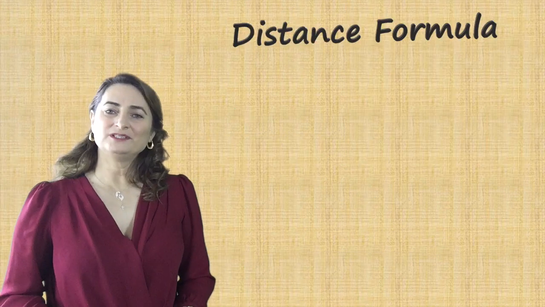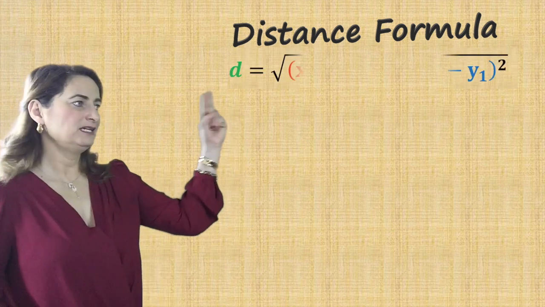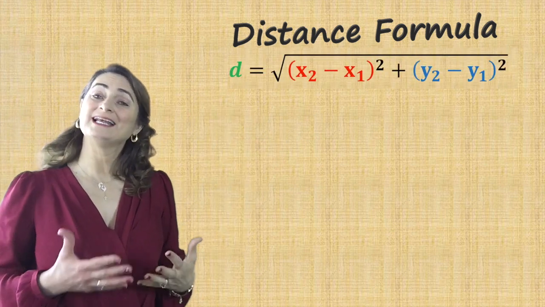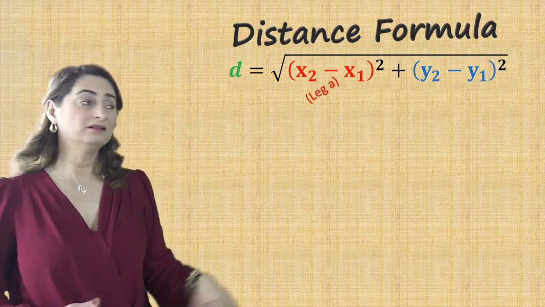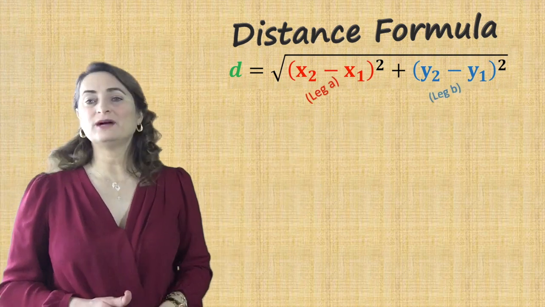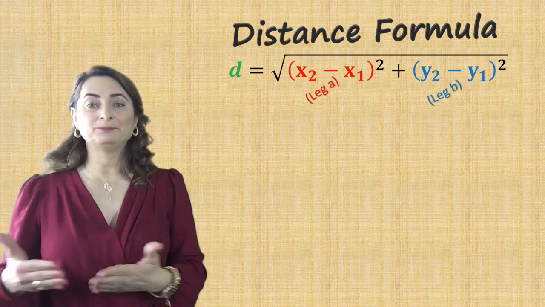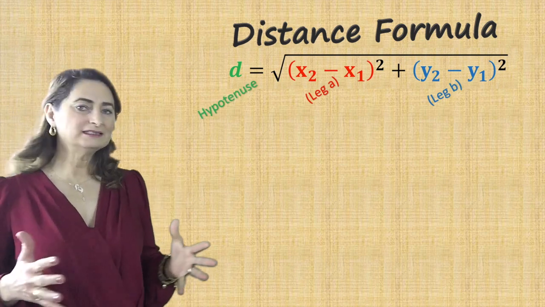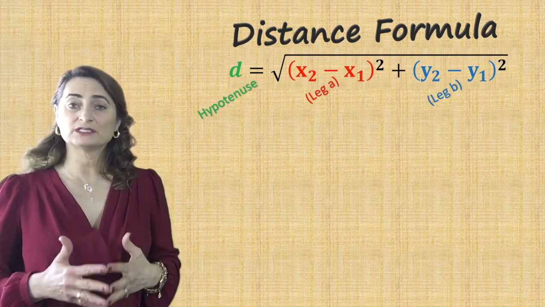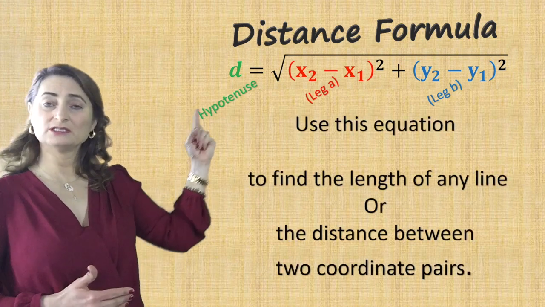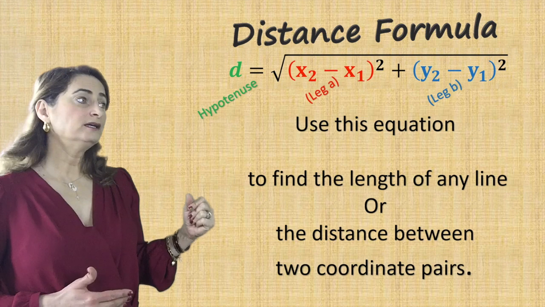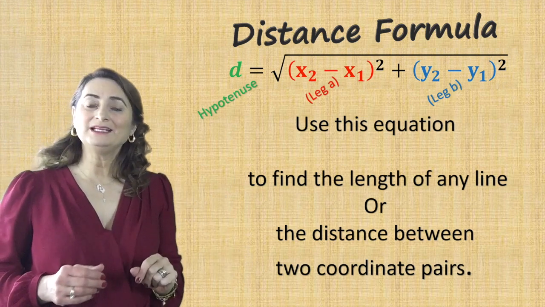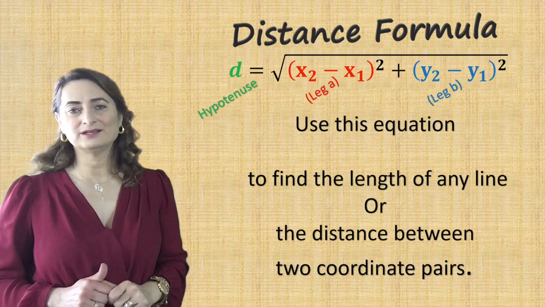Now let's review the distance formula, which says D equal the square root of x2 minus x1 squared, which is leg A of a right triangle, plus y2 minus y1 squared, which is leg B in a right triangle. Therefore, the D is the hypotenuse, the slanted side. So you can use this equation, which is the distance formula, to find the length of any line or the distance between any two coordinate pair on a coordinate plane.